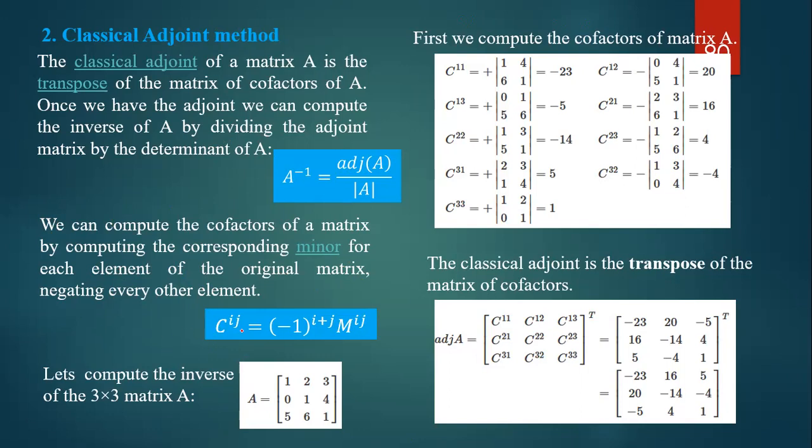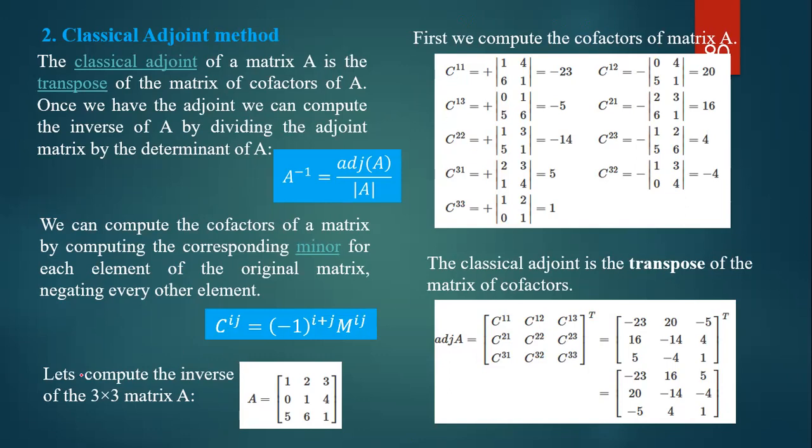Cij is equal to minus 1 to the power of i plus j times Mij. What are these Mij's? The Mij's are the minors. I used C instead of M here.